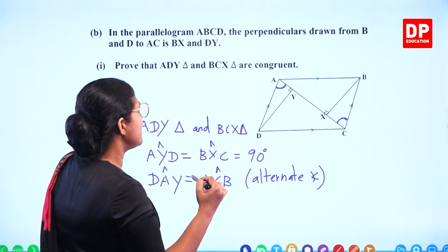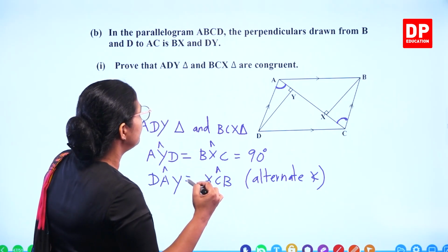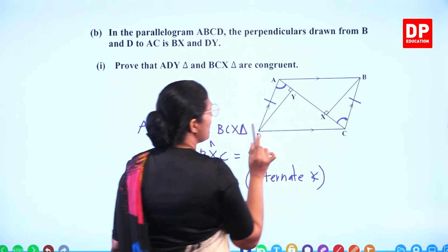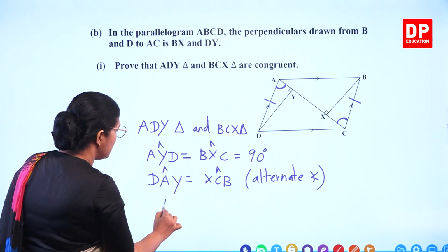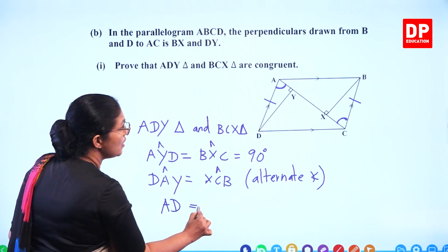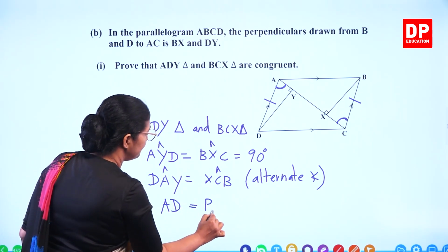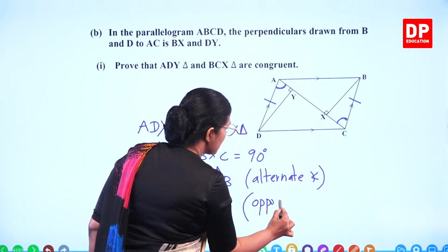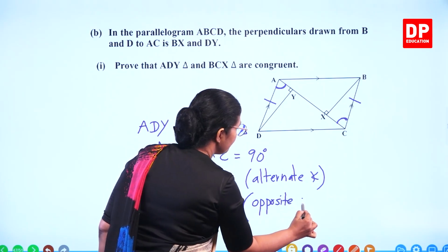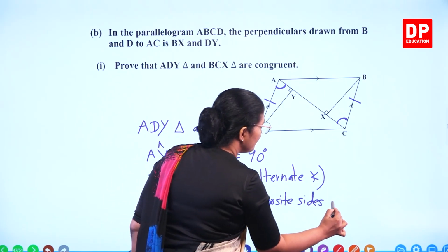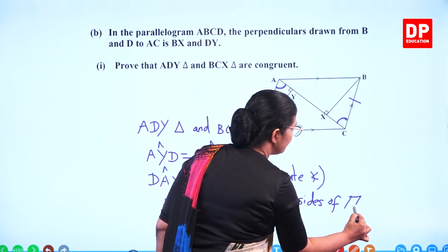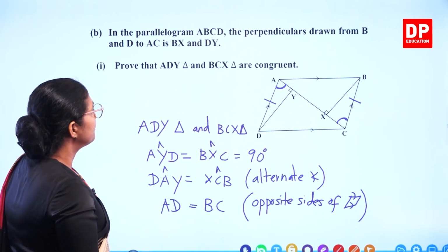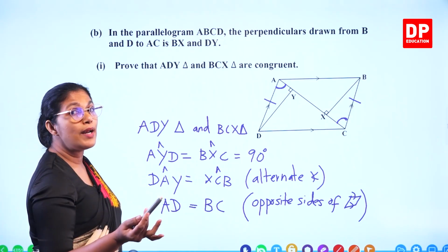Then what is the other reason you can write? This length is equal to this length. Opposite lengths are equal. AD is equal to BC, opposite sides of the parallelogram. So 2 angles and 1 length.